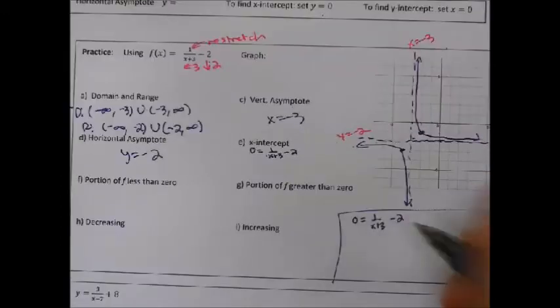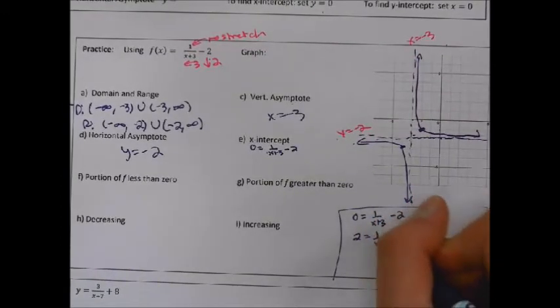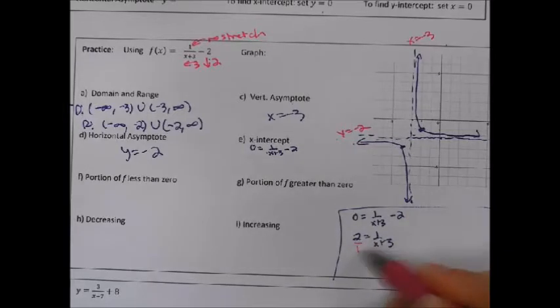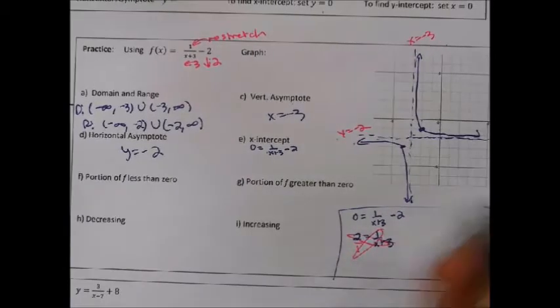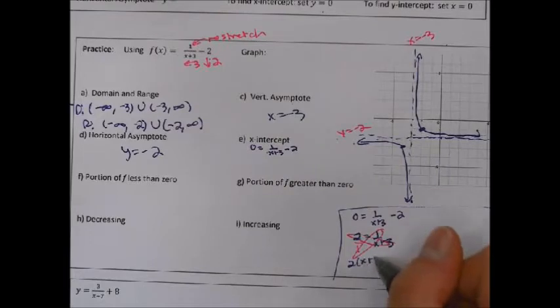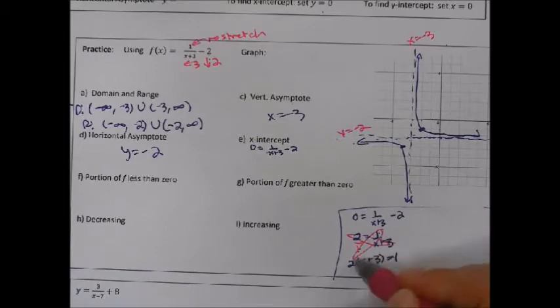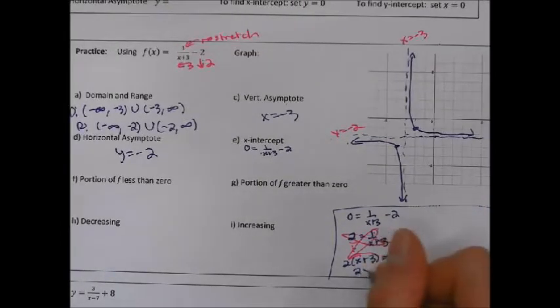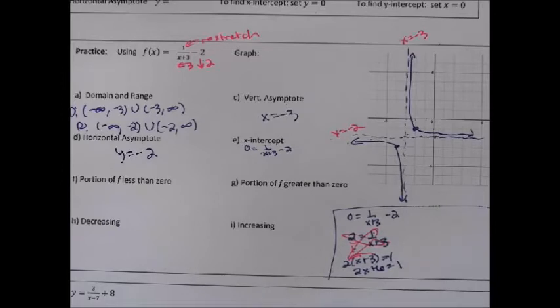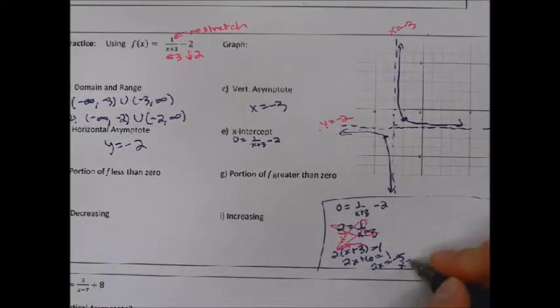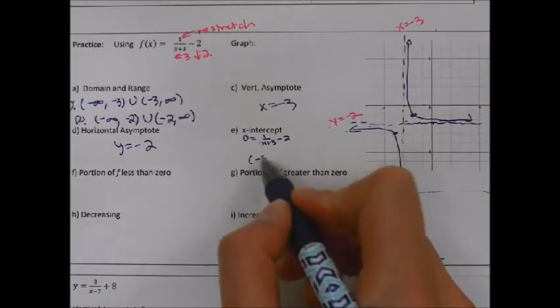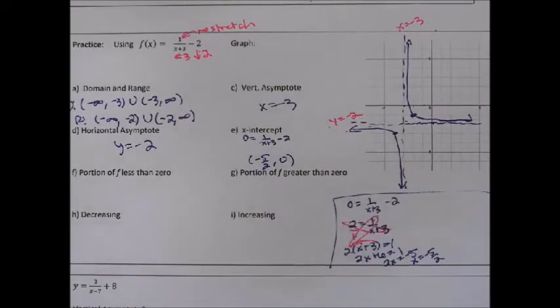First step I would do is add the 2 over. And then we can put this over 1 and cross multiply. 2 times x plus 3 equals 1. Now we're going to distribute. 2x plus 6 equals 1. Minus the 6. 2x equals negative 5, so x equals negative 5 over 2. So this is negative 5 over 2, comma, 0.